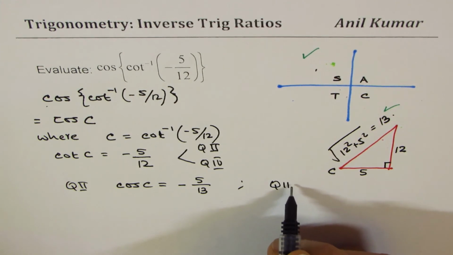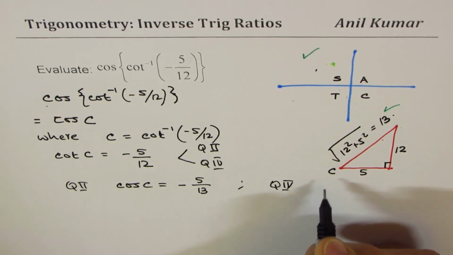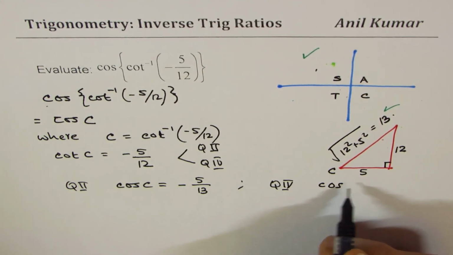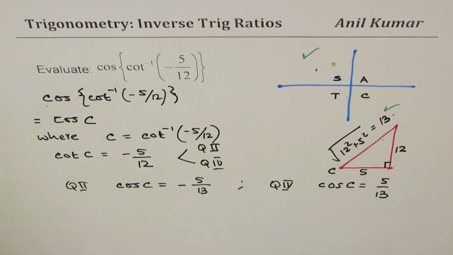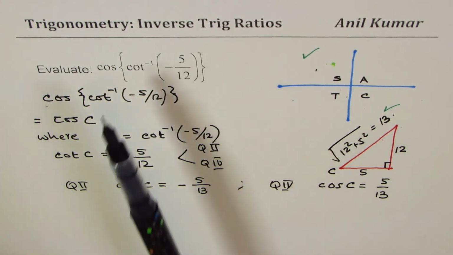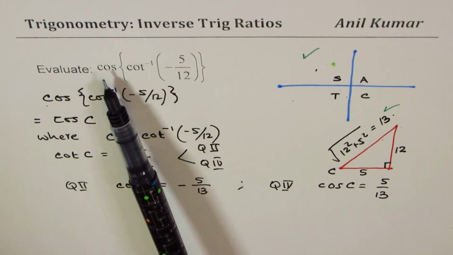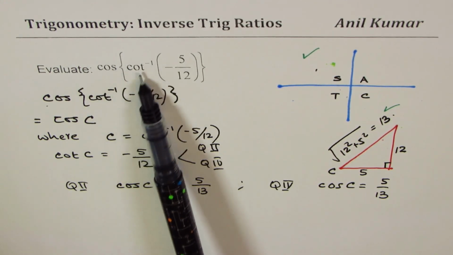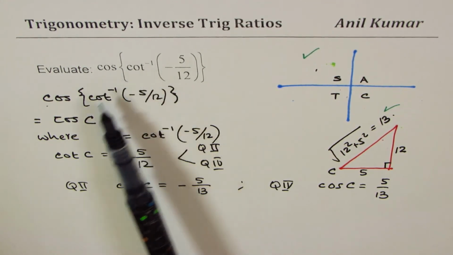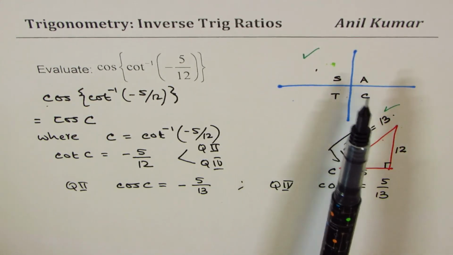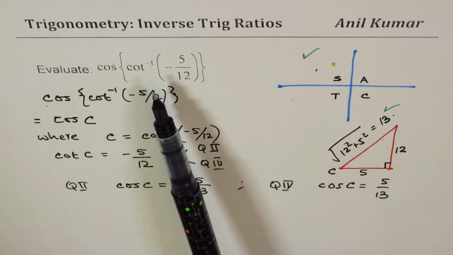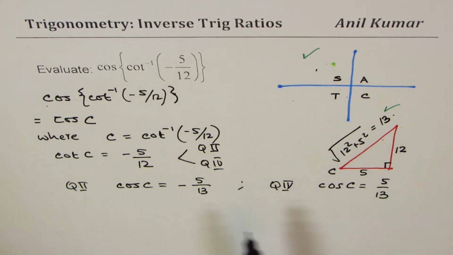If we are in quadrant 4, in that case, cos C is going to be positive 5 over 13, right? So I hope that is clear. So remember, whenever you have a combination of these trigonometric functions with their inverse, that is how we can do it. And in 4 quadrants, you will get a positive or negative value in 2 of them. So you expect 2 answers as shown here.